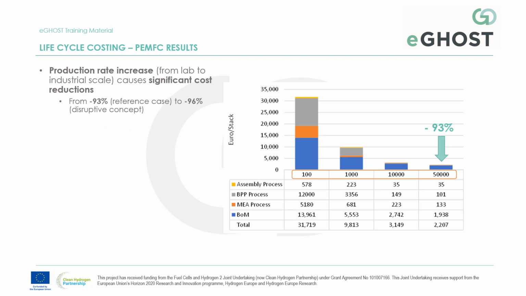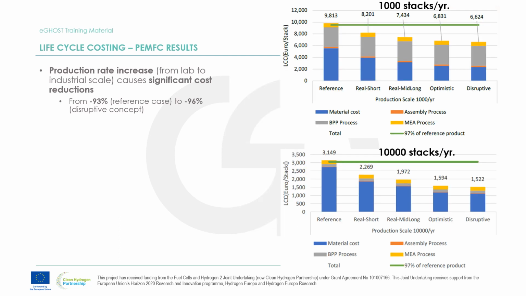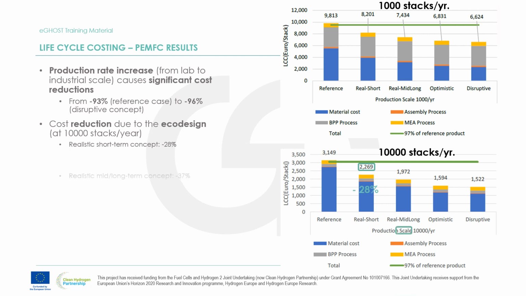So first, again, we can see same as for the reference case, that with higher production rate, the cost decreases, up to 93%. But we are more focused on the contribution of eco-design actions, which are presented here.